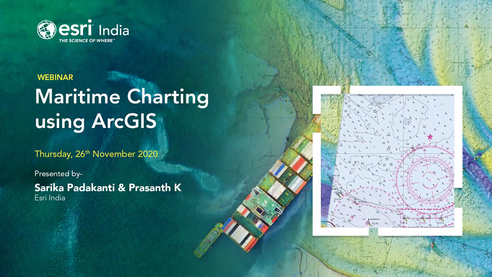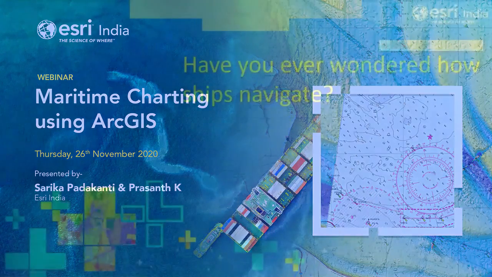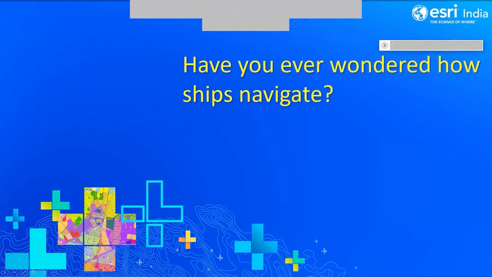And today we are here to demonstrate the capabilities of ArcGIS for Maritime Charting and ArcGIS for Maritime Bathymetry. So before going into the product capabilities, have you ever wondered how ships navigate from one location to the other? What is the source for the navigation?